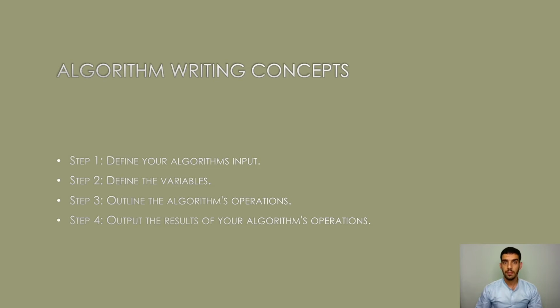To write an algorithm, there are 4 steps to follow. Number 1 is to define the algorithm inputs. You know, a computer has input and output, and between them is processing. So your algorithm also has its own input. If you are talking about your GPA, the inputs are going to be your courses' results or marks. Number 2, you need to define the variables.